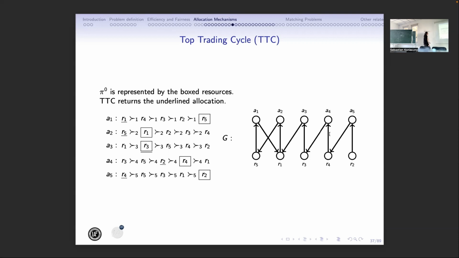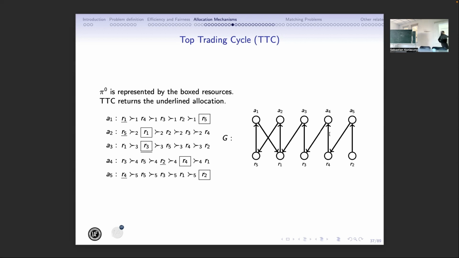So we start with the initial allocation. The first agent initially owns R5, the second one R1, and so on. And if we execute TTC, we will obtain the underlying allocation. So let's apply TTC.